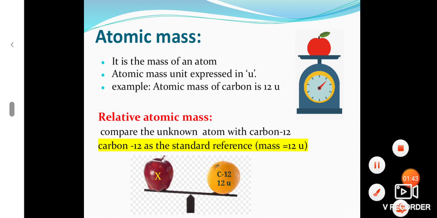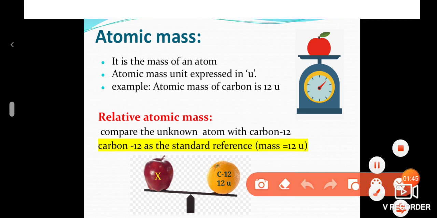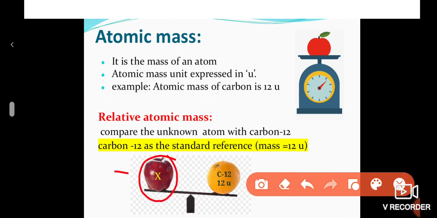Okay, see the picture first. Here the apple denotes X, that means unknown. The mass of X we don't know. Here the orange is the known atom, or reference atom.